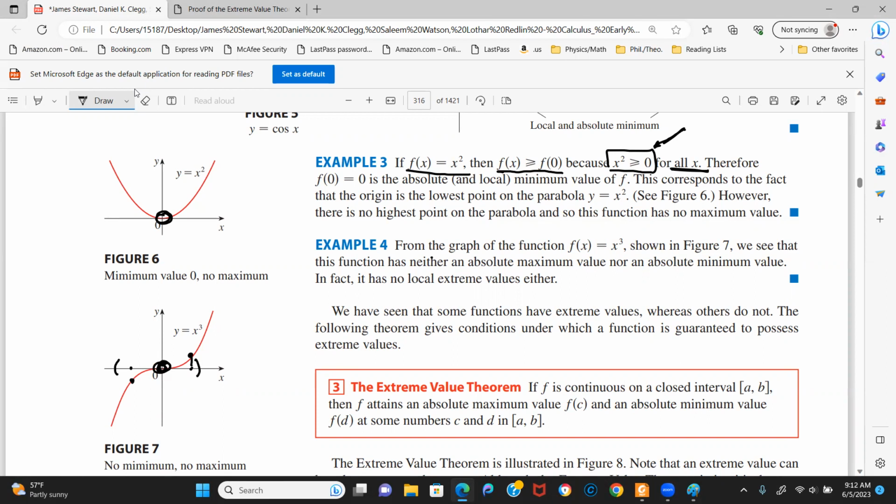But if you take any interval centered at zero, you can find a point where it's smaller than the value or bigger than the value. You can take a point left of zero and it'll be smaller. You can take a point to the right of zero and it'll be bigger. So this holds true for any interval.